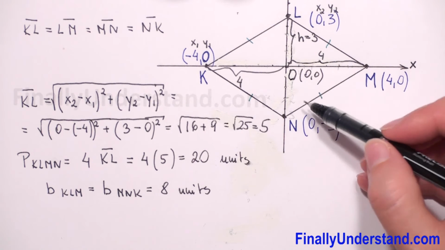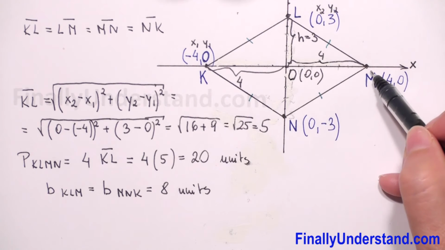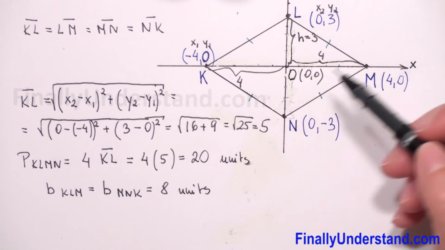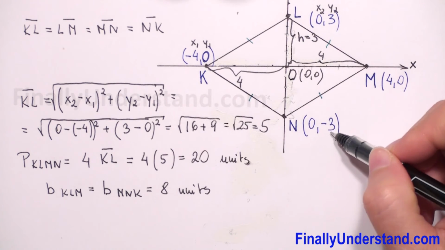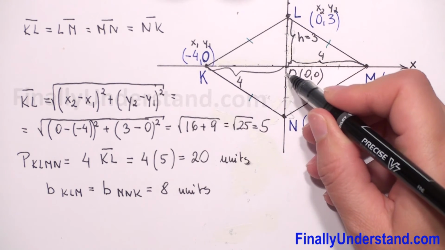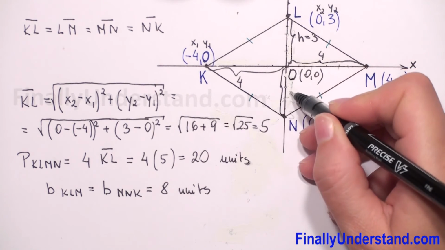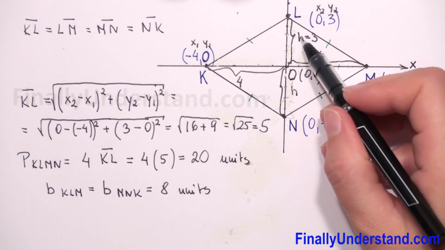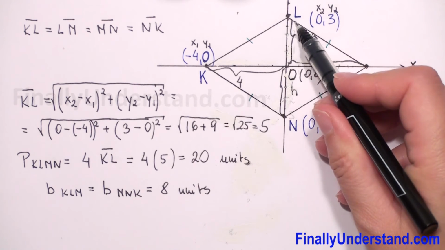So the height of triangle MNK is the absolute value of negative 3, which is 3. So this is our height, the same as segment OL.